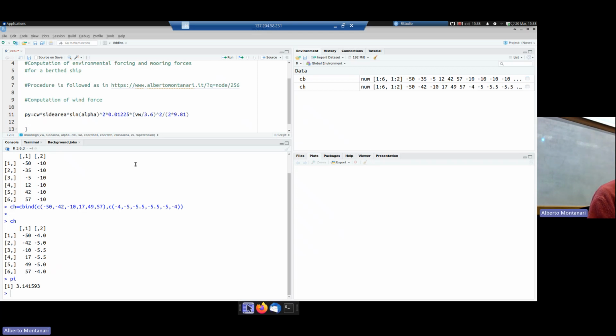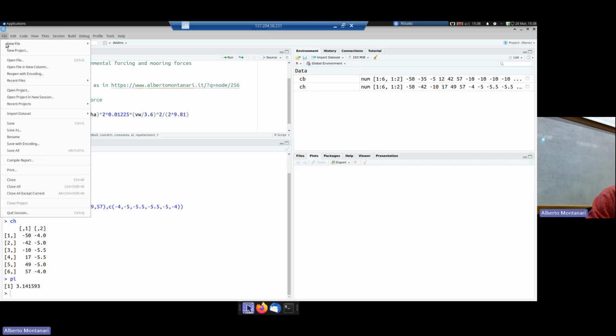So let me write here, return PY, sorry. I am returning the value from the function. And then I can save all.